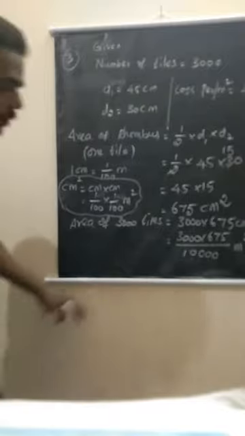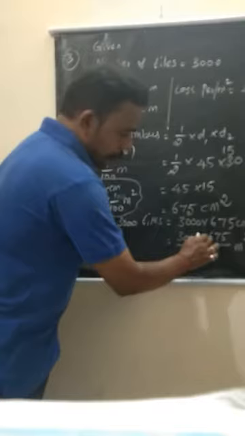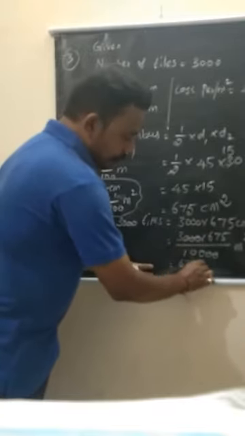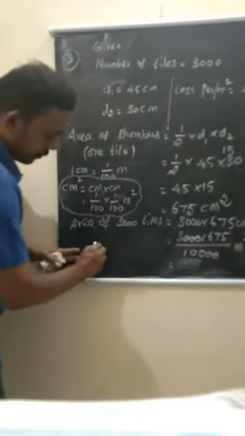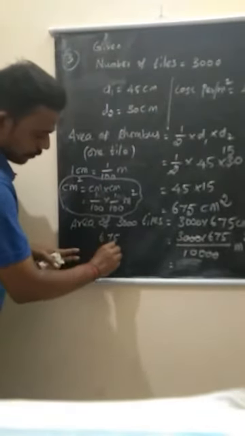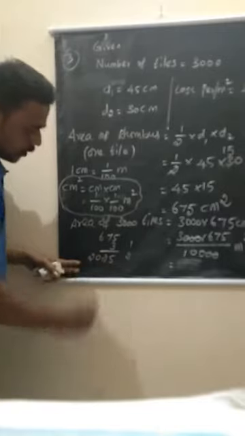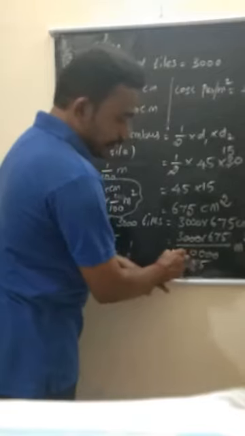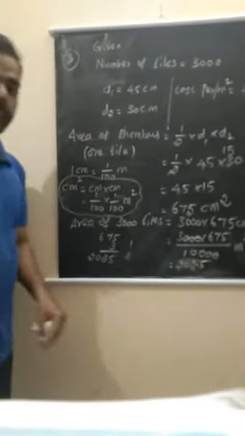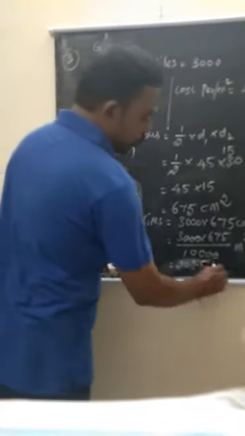Now we can cancel. So after cancelling, this is 67.5. So after multiplying this 3 into 675, but divided by 10, so 202.5 meter square.